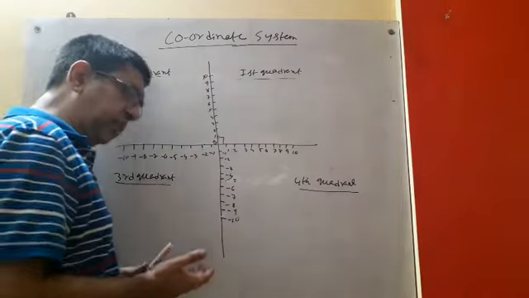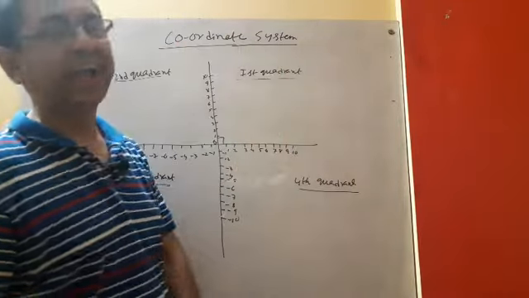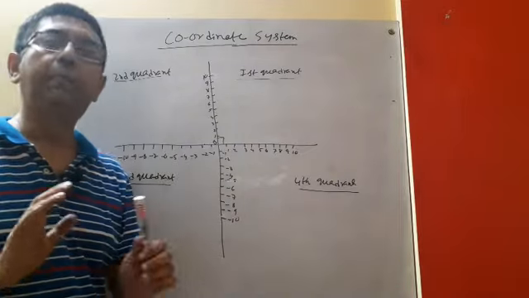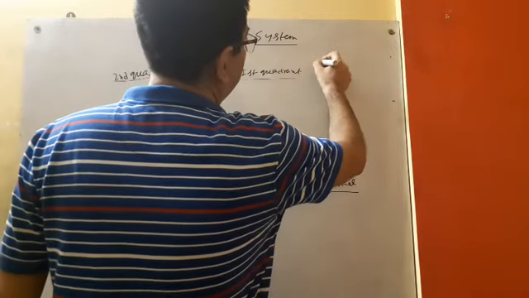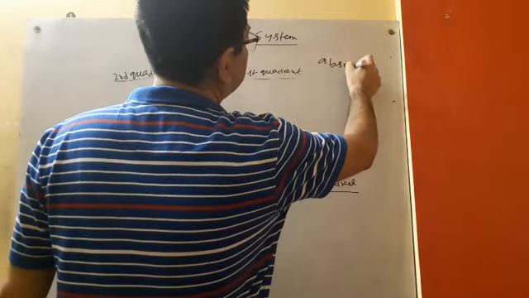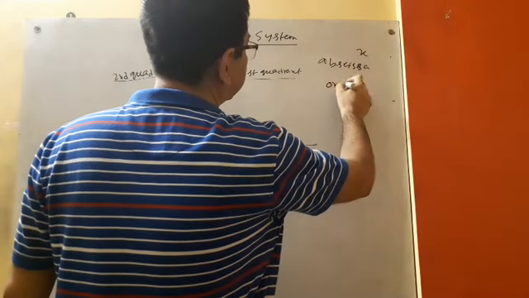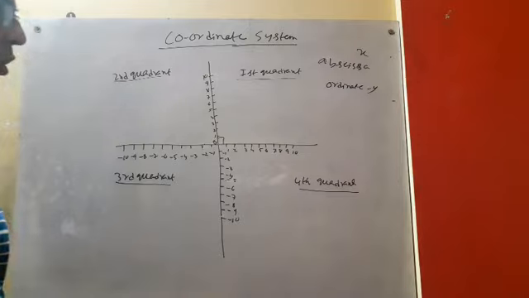In coordinate system, we discuss the position of a point with respect to the axes by some parameters. These are called abscissa. Abscissa is denoted by x, and ordinate is denoted by y. What is abscissa and what is ordinate?